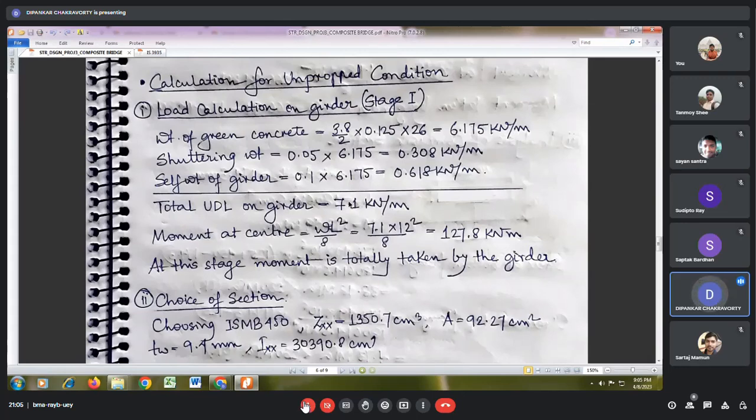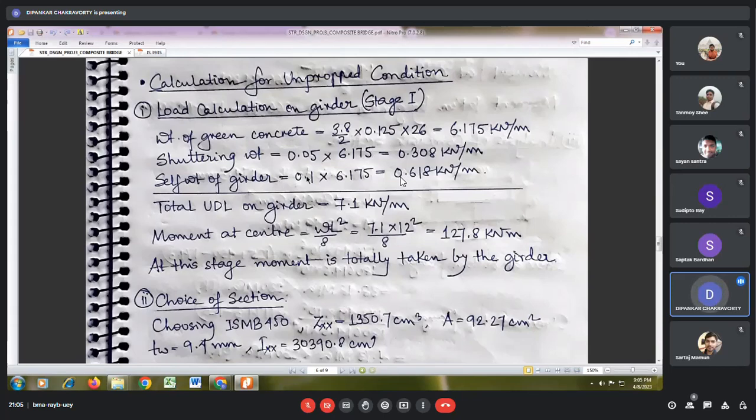So this will be the utility of the girder, and please keep in mind the unit weight of green concrete is not 25, but it is 26. Okay. Now weight of shuttering is normally taken as 5% of the weight which it is going to support. So it is 0.05 of this thing.